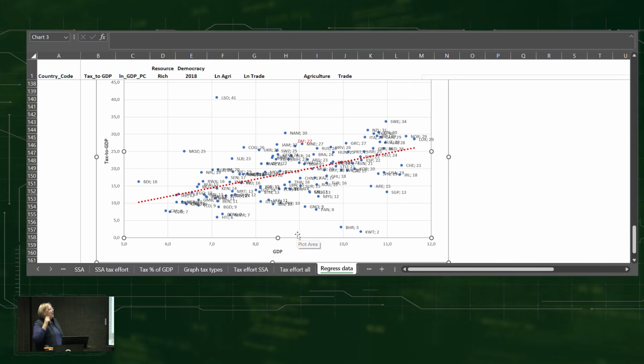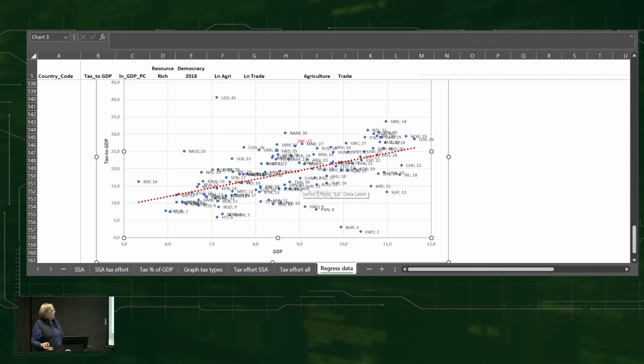So you need to know, by comparing with your peers on the same level of log GDP, what you are collecting in comparison with comparable countries, and where you could actually be.